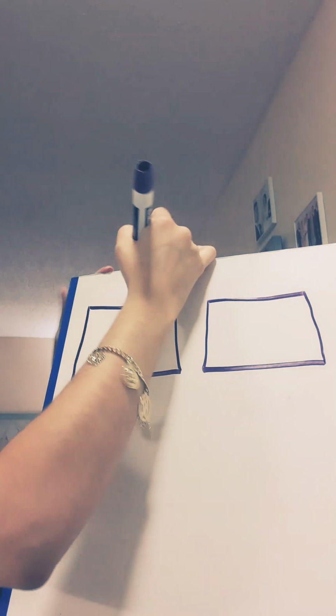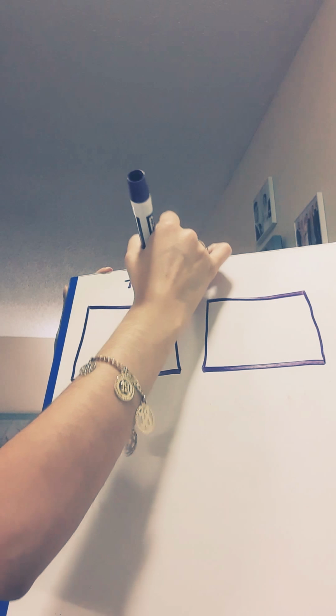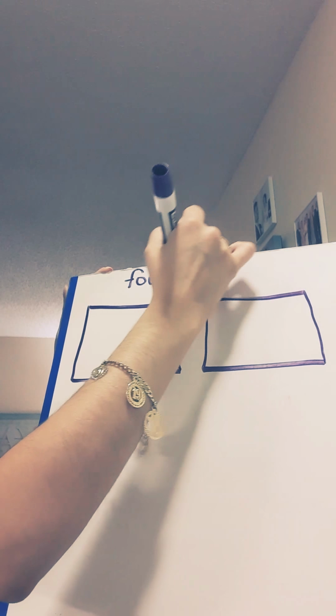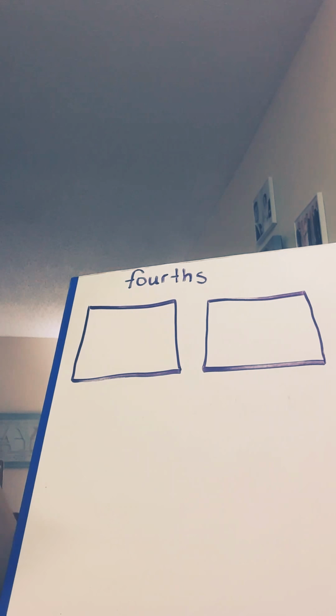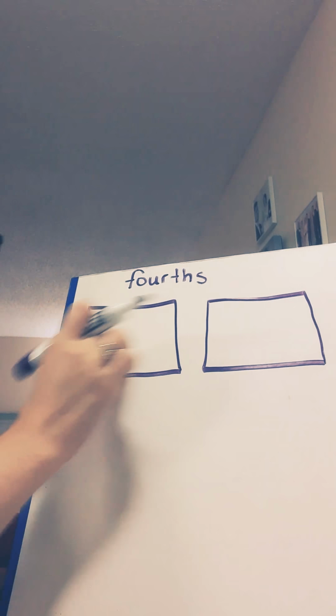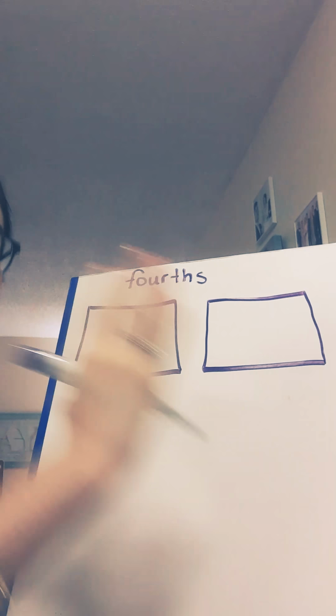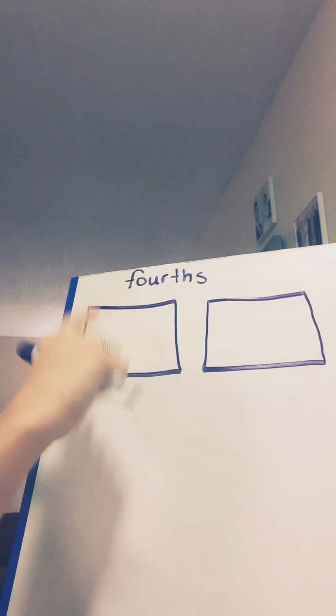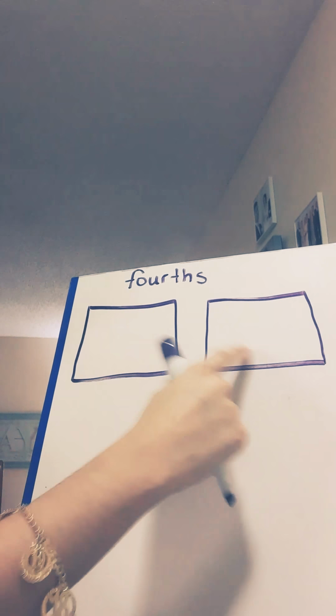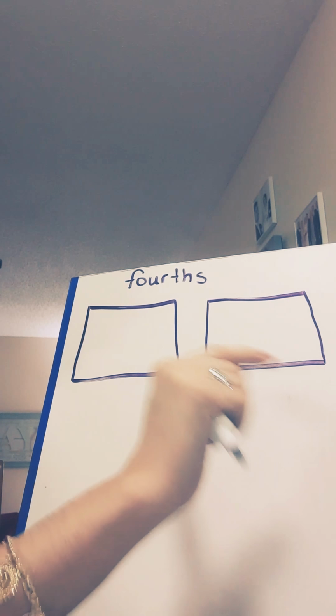It says that each sandwich is divided into fourths. Okay, divided into fourths. But then look what it says. But they are cut differently. So you have to divide these two shapes into fourths, into 4 equal parts, but in different ways, because these sandwiches, they're cut differently. They're not both cut the same.